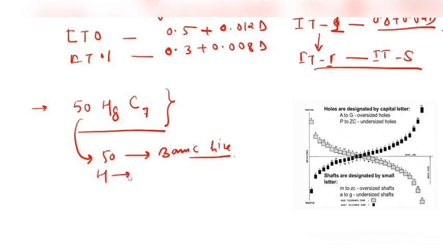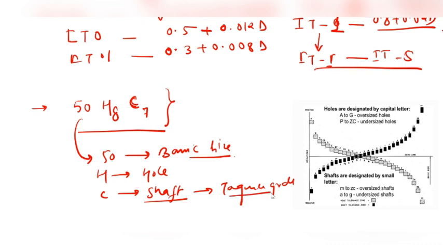H is the type of hole. Small c is the type of shaft and it has tolerance grade 7, and the hole has tolerance grade of 8.